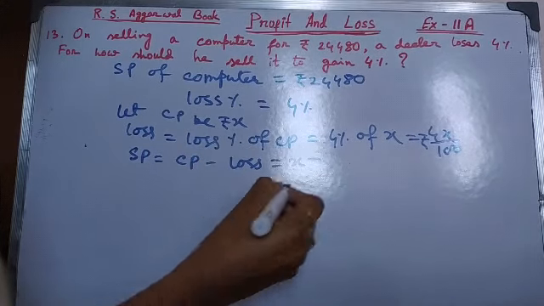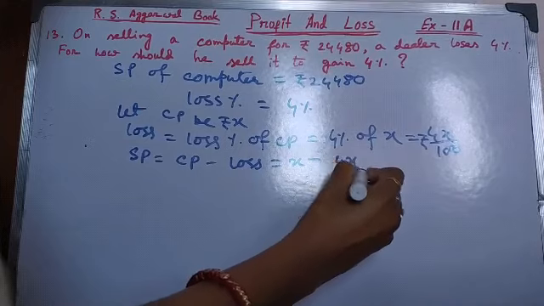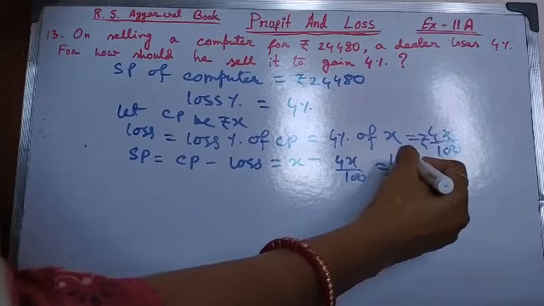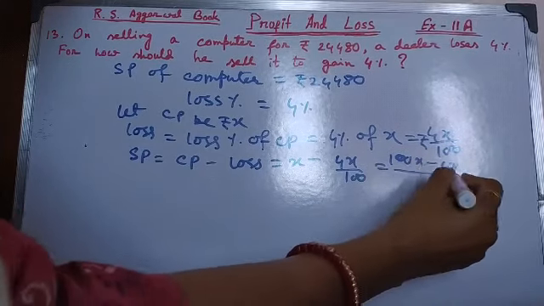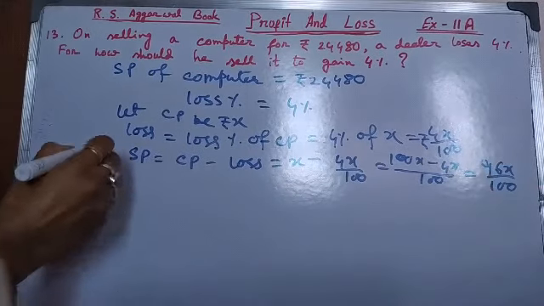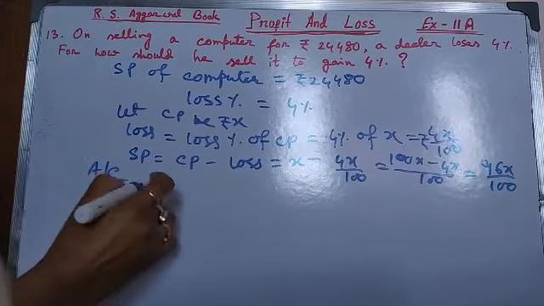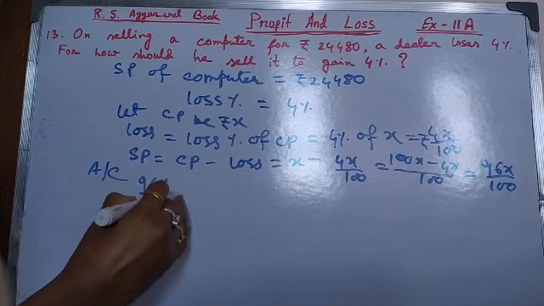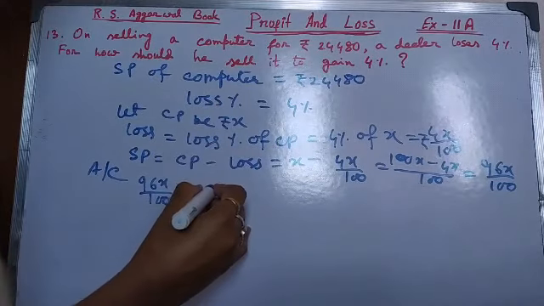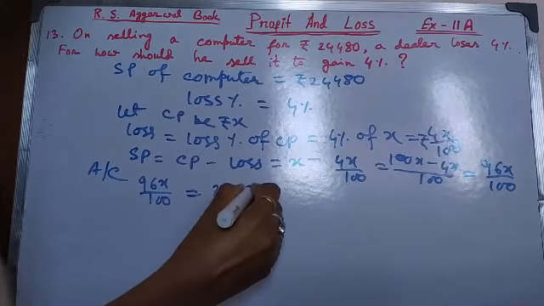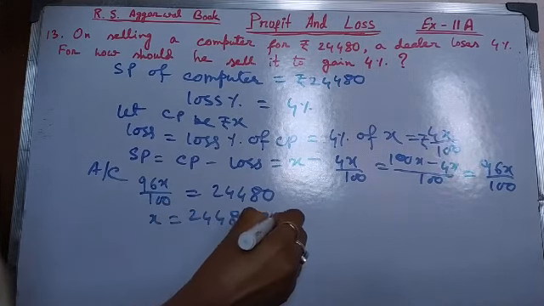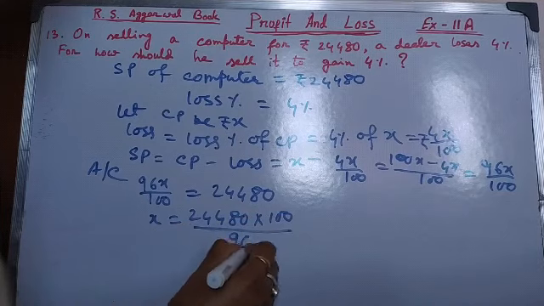So X minus 4x by 100, that means 100x minus 4x, that means 96x by 100. Now according to the condition, 96x by 100 equal to this SP. So X equal to 24480 into 100 by 96.